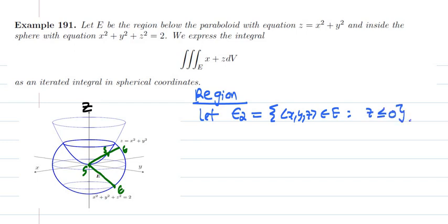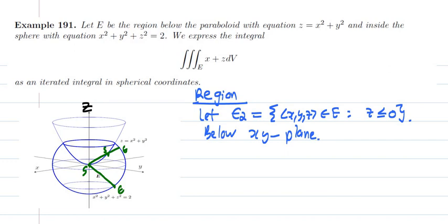So E2 will be all of the points below the xy plane. We want all of the points below the xy plane.